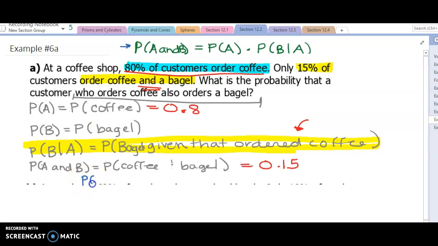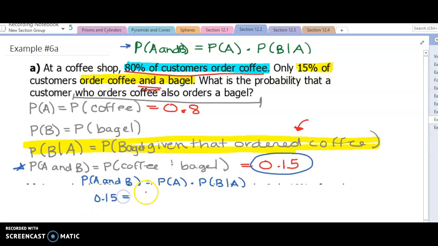The probability of A and B equals the probability of A times the probability of B given A. The probability of A and B is 0.15. So 0.15 equals the probability of A, which is 0.8, times the probability of B given A, which we don't know.